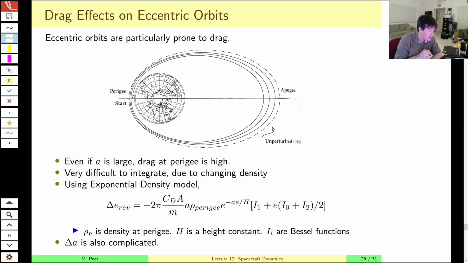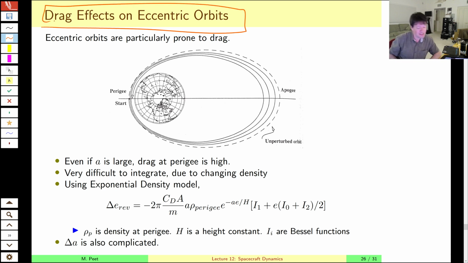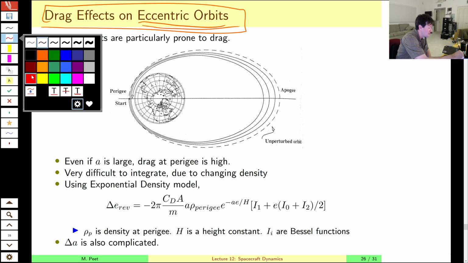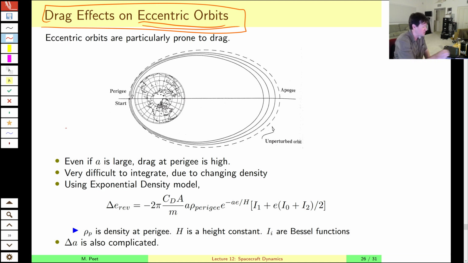Anyway, so what was I doing? Yes. So that's the effect of drag on circular orbits. That was all for circular orbits. Now we consider briefly the effect on eccentric orbits. Unfortunately, we don't have good models for this, so we do the best we can. For example, remember we had that expression for e dot.